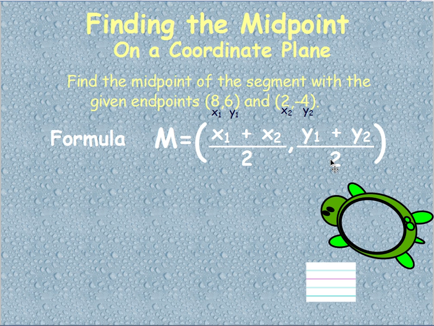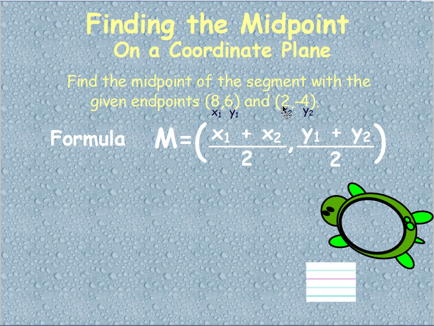We're going to take the y values and find their average, and that's going to give us the middle of both. So our two points, we call our first point x1 and y1 because this is our first x value and our first y value. We call the second point x2 and y2 because this is our second x value and our second y value.